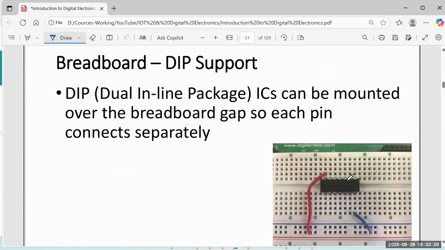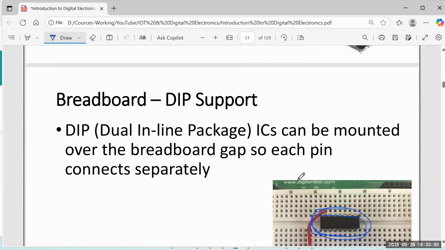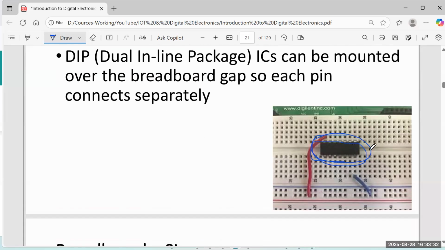And the middle part we can use to connect ICs and so on. Don't worry about that right now. That is called DIP. We are not going to use DIP right now. That means we can connect this side and this side as well, but not in today's session.